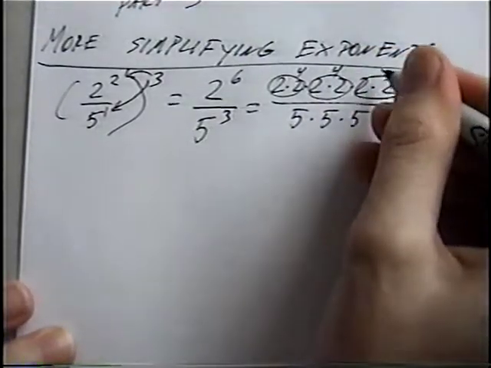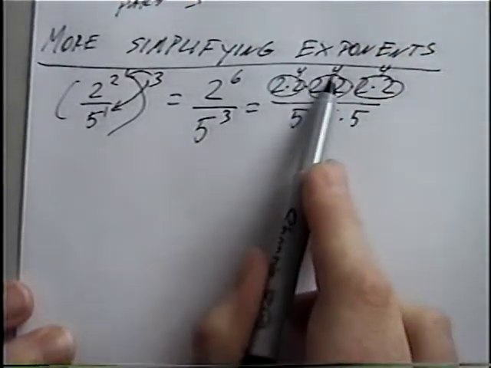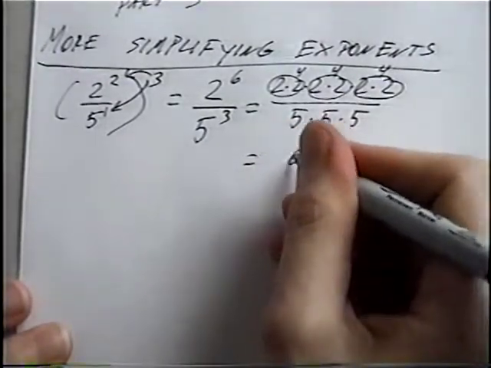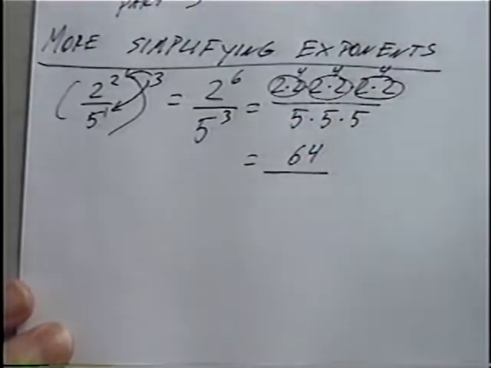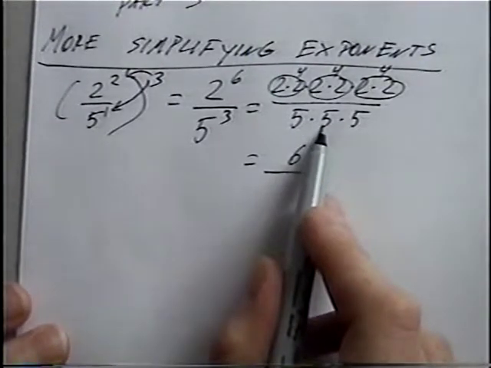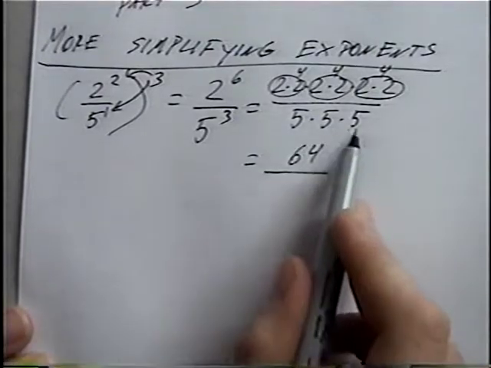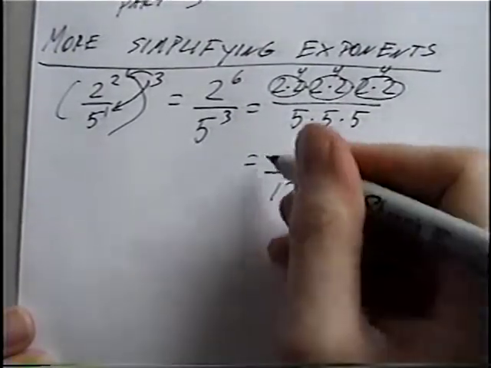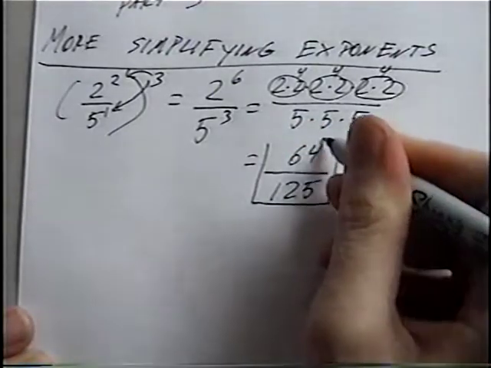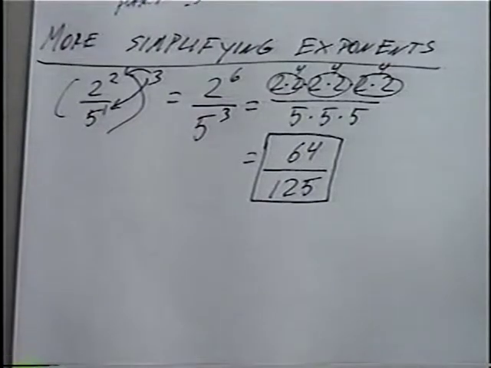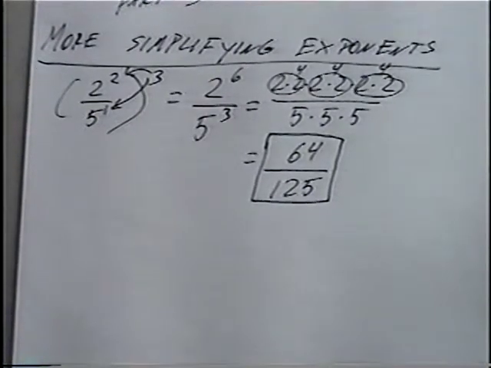And 2 times 2 again would be 4. 4 times 4 is 16. 16 times 4. The numerator or top of the fraction would be 64. 5 times 5 is 25 for the denominator. 25 times another 5 is 125. Check to see if you can reduce fractions. This one cannot be reduced, so your final answer is 64 over 125.